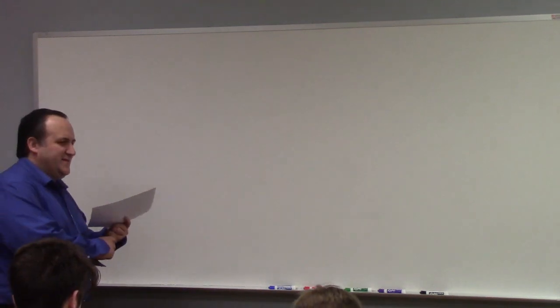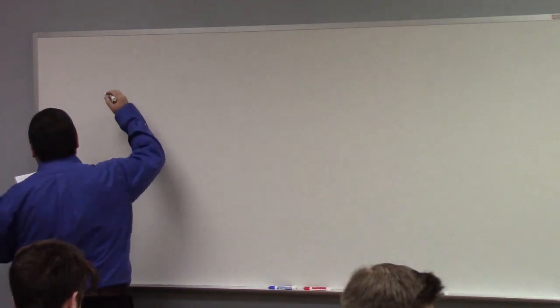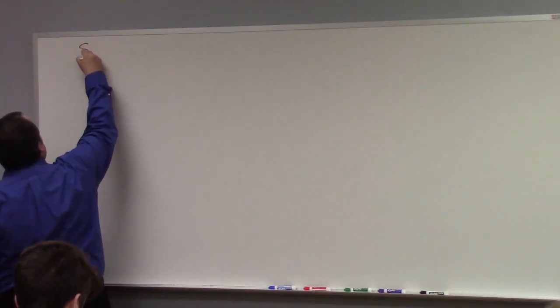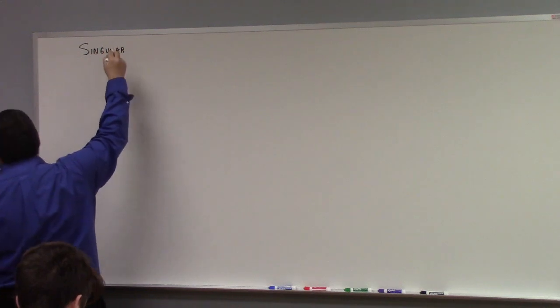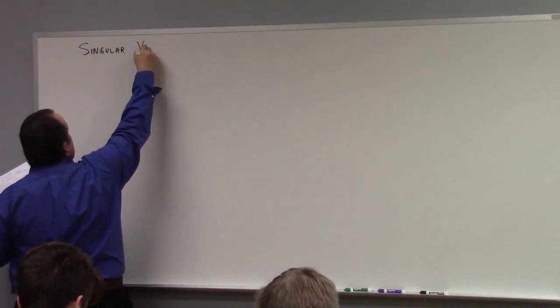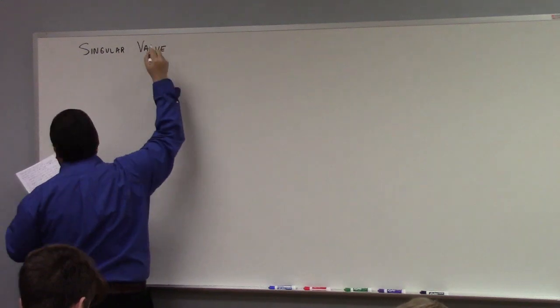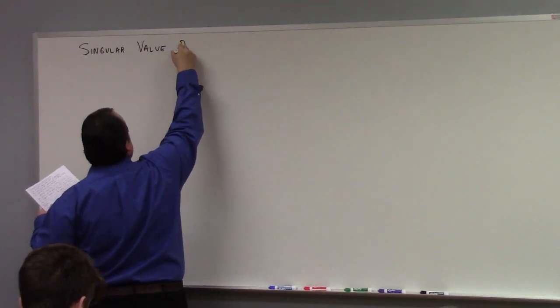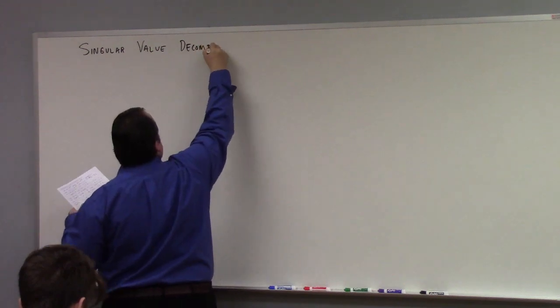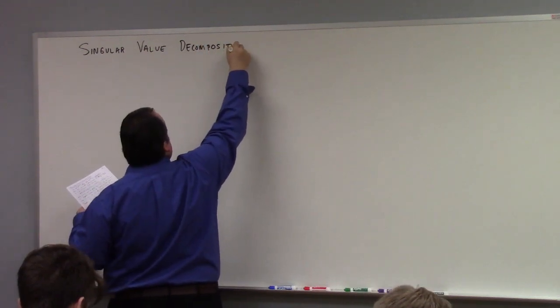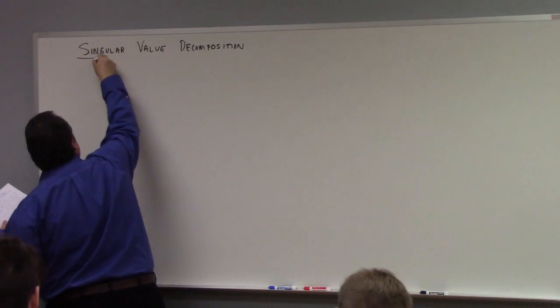But whatever. I object to the name. But it is nonetheless an important decomposition, and after we work it out, it does have some pretty interesting geometric insight, which I'll try to take a minute or two to talk about when we get there.